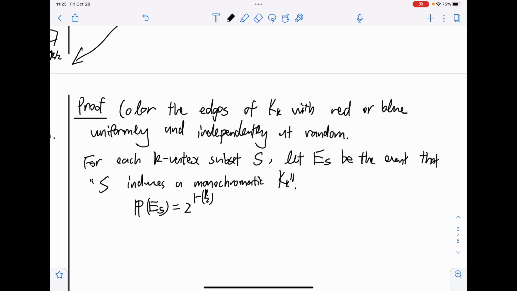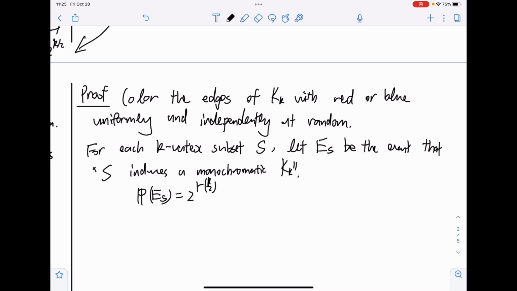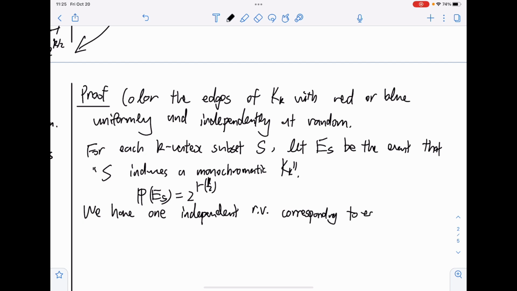And in the setup of the local lemma, we have only one independent random variable corresponding to each edge.